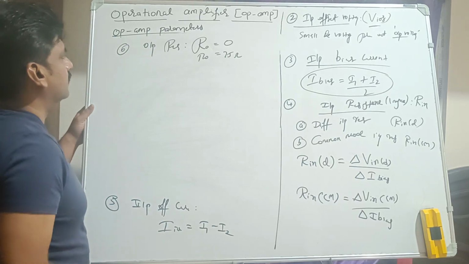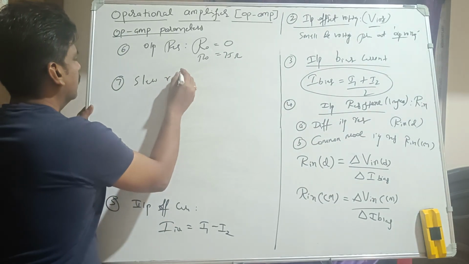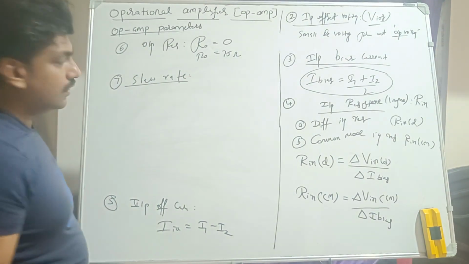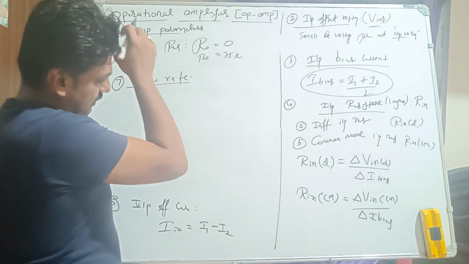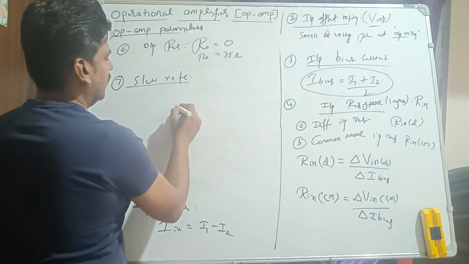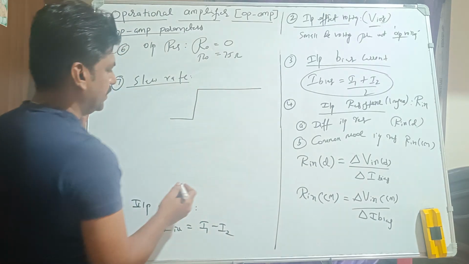The seventh one we'll see, very important, is slew rate. It is about the maximum rate of change of output with respect to a step input, right? How to write a step input: this is the step input.